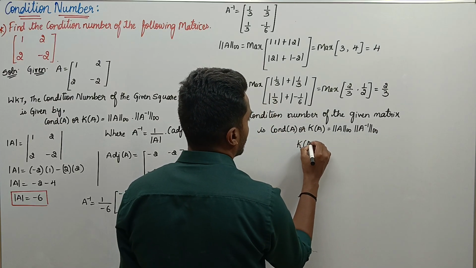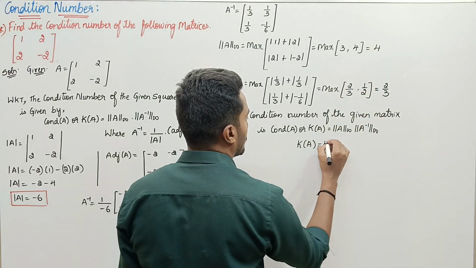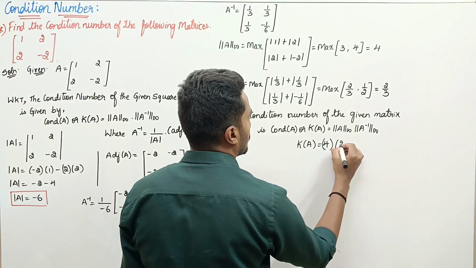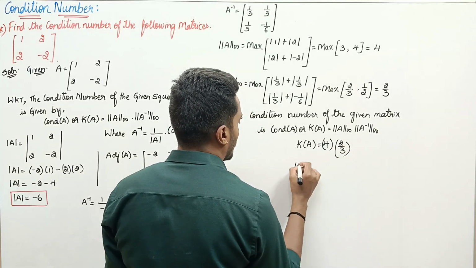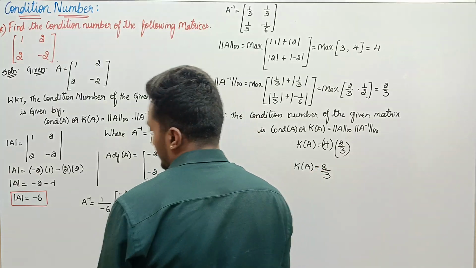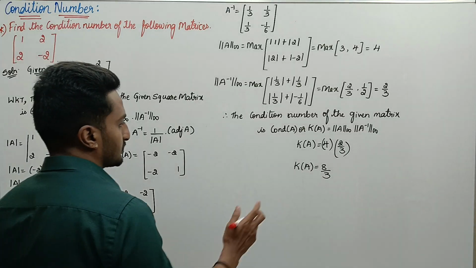K of A, which is equal to norm A infinity is 4 into norm A inverse infinity, you have 2 by 3. K of A equal to 8 by 3. This is the required solution, that is 8 by 3.